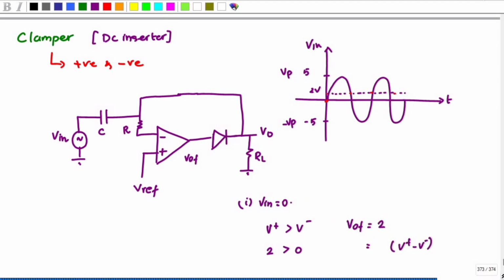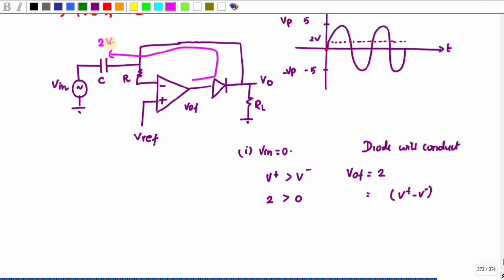So the diode will conduct, and this will charge my capacitor to 2 volt.